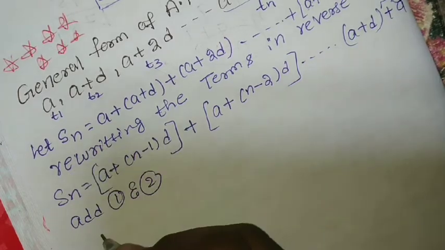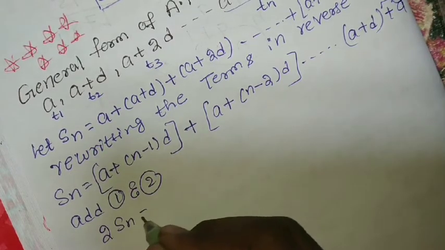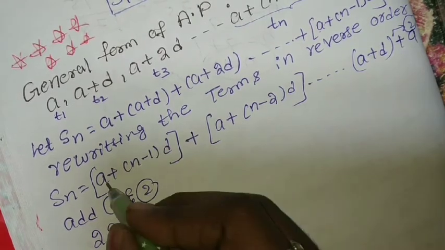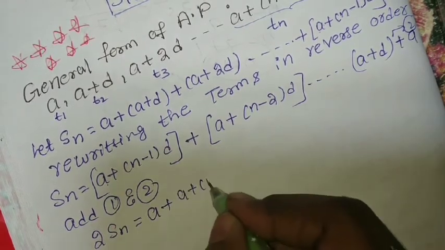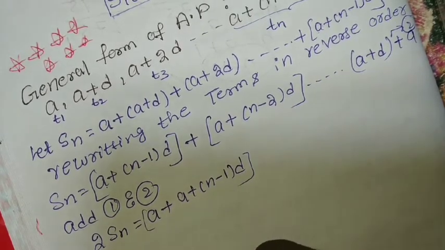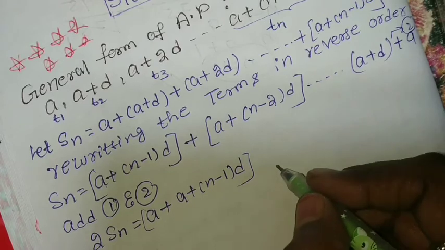So Sn plus Sn, what? 2Sn is equal to A plus, again this, A plus n minus 1 into D. Keep it in the bracket.